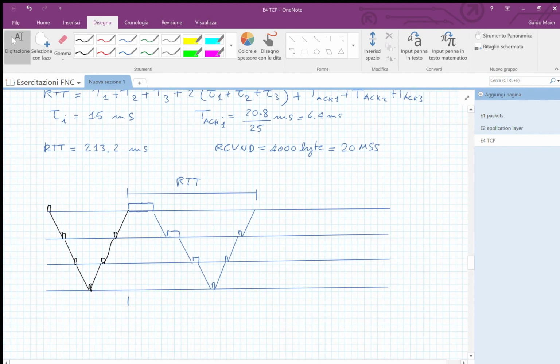So at the beginning of the connection, what kind of send window do we have?